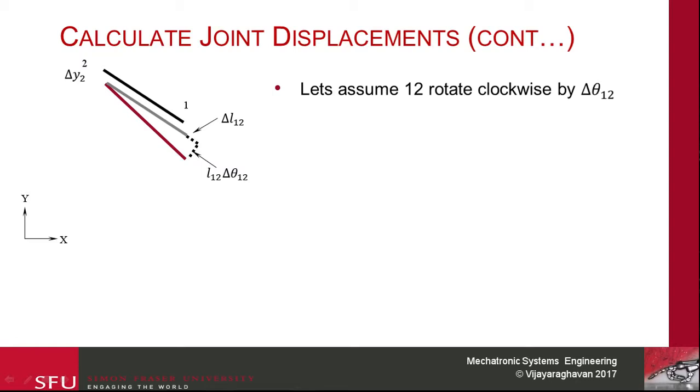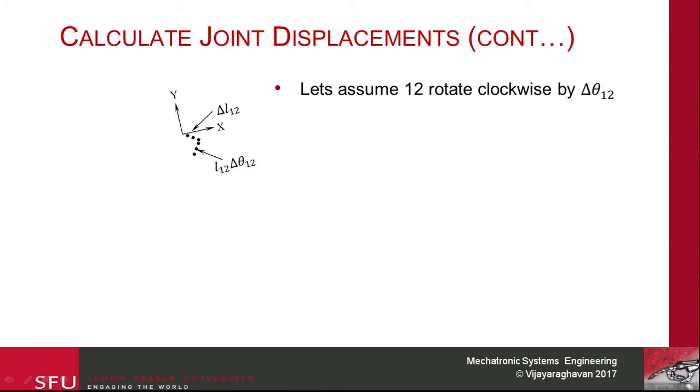So once we have that, if you just consider the two displacements, let's see what happens. This is my x and y axis, and let's bring it closer and rotate our particular shape. Now it's the same shape, but we've rotated so that I'm looking at the delta L12 and then the radial and the tangential direction of the link.